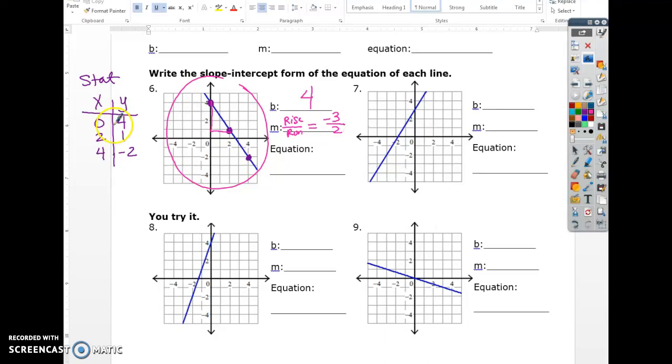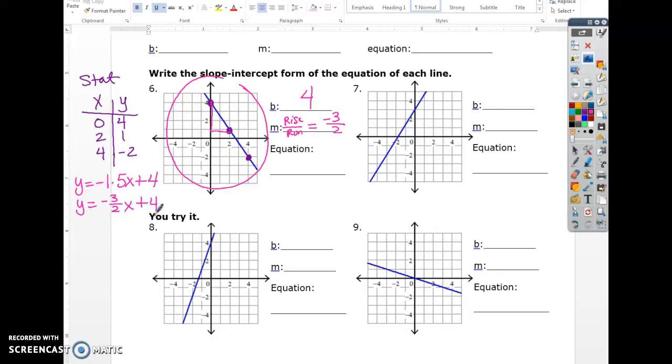But if you would have put this table in stat calc 5, it would have given you the equation, which is the same thing. It would give you y equals negative 1.5x plus 4. You turn this to a fraction, math inner, and that gives you y equals negative 3/2 x plus 4.